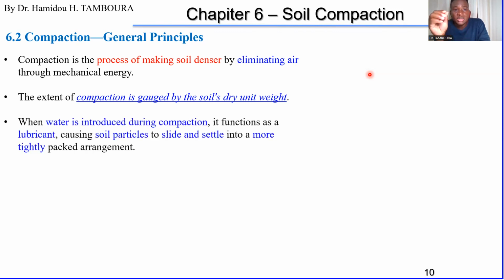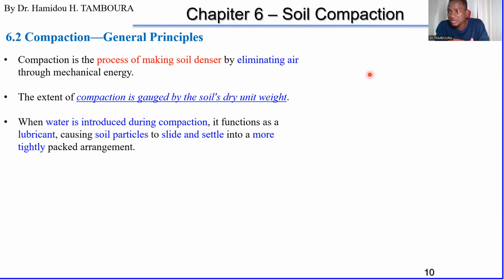Okay, so when water is introduced during compaction, it functions as lubricant, causing soil particles to slide and settle in a more tightly packed arrangement. So that's why we need the water.